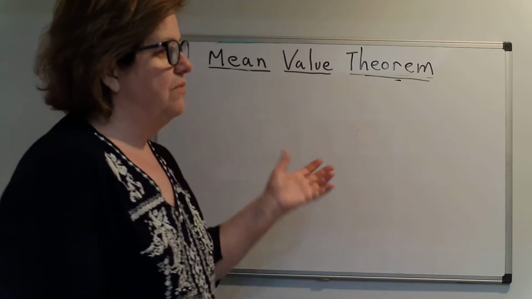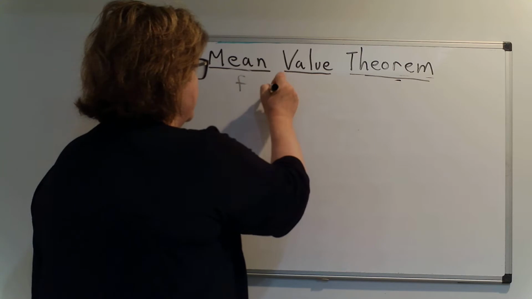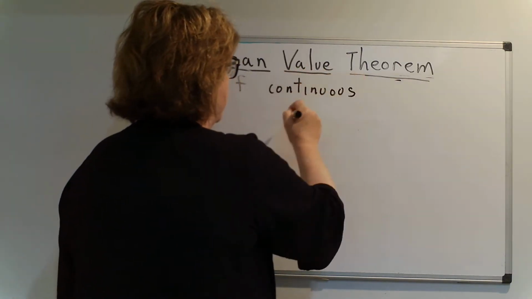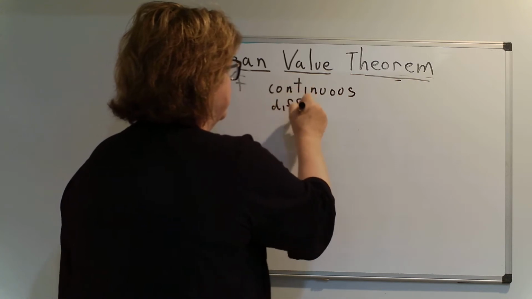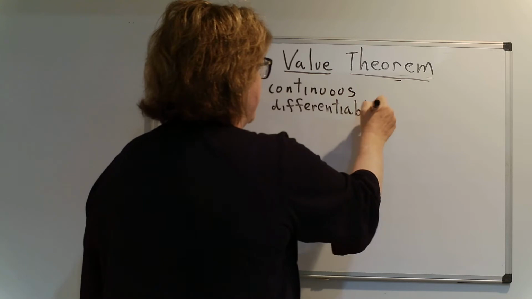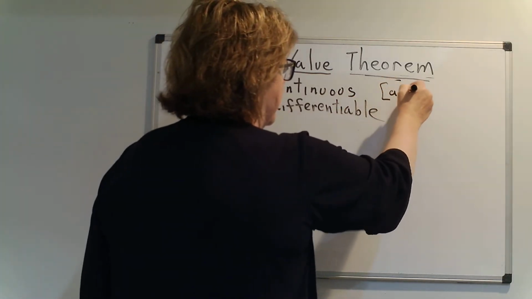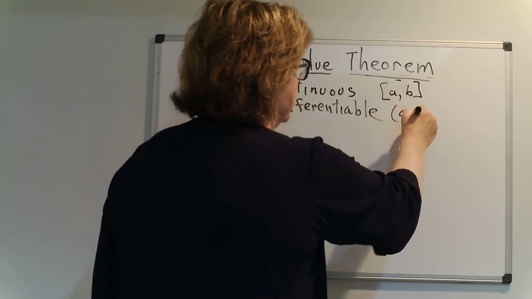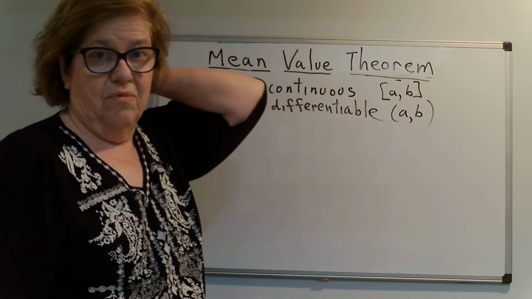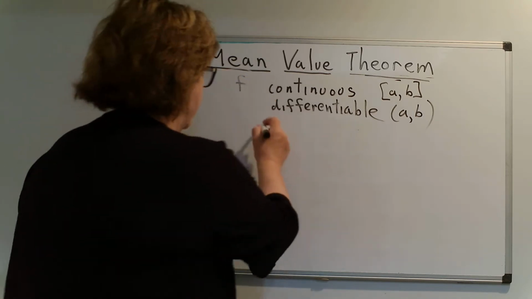So the mean value theorem says, suppose we have a function f that's continuous and differentiable. So it's continuous on a closed interval AB and differentiable on the open interval AB. So let me draw a function that would work.